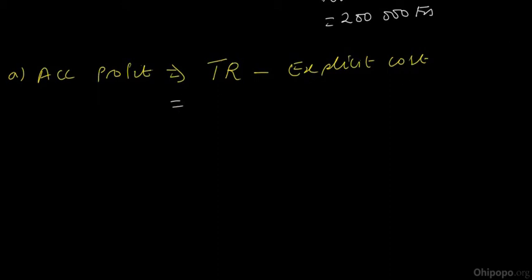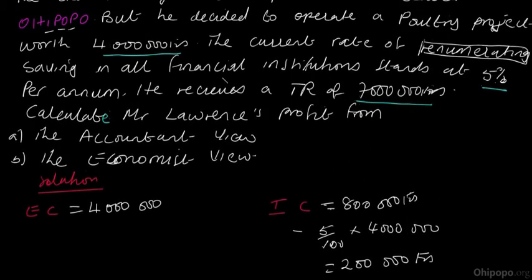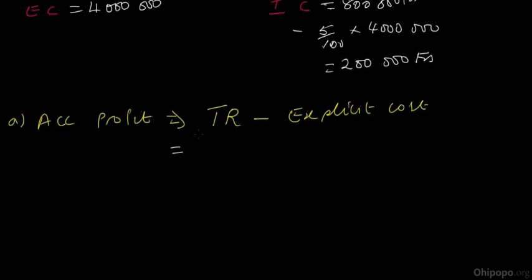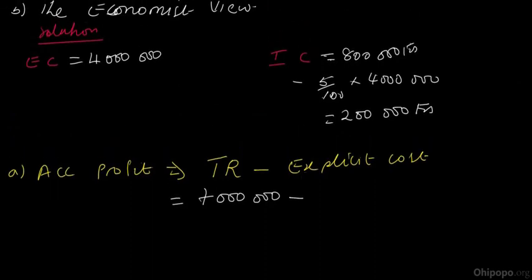So what is the total revenue? Let's go back to our question. The total revenue stands at 7 million francs CFA, minus the explicit cost, which is stated very clearly: 4 million.